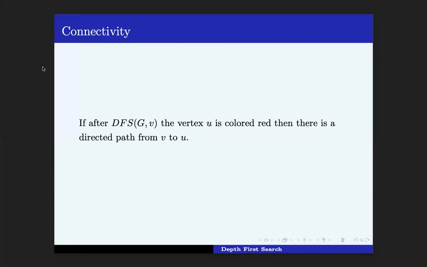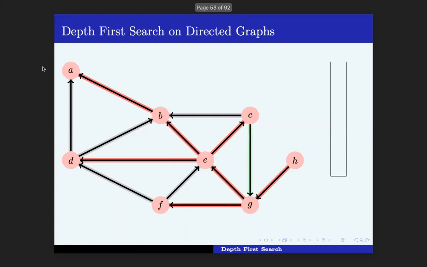Of course, you can use this DFS to check connectivity. Here you can see that all the vertices are reachable from H, because it started from H and all the vertices were reached. That is not necessarily the case in a directed graph.